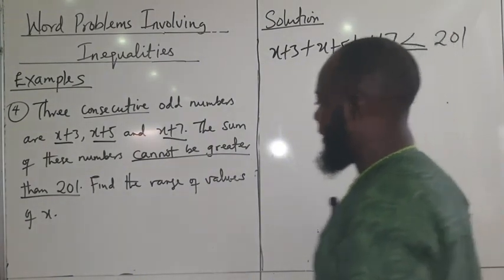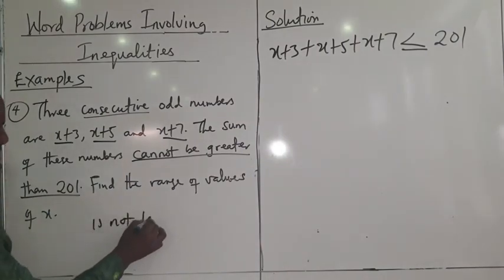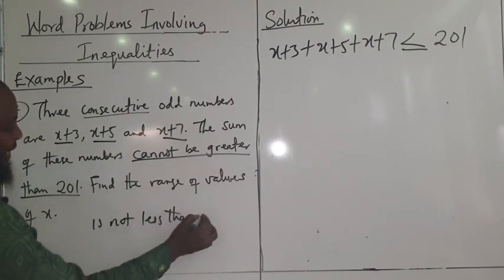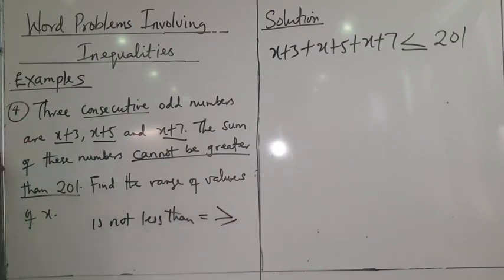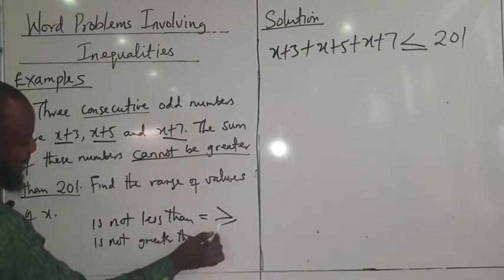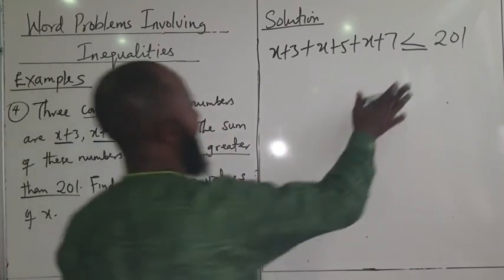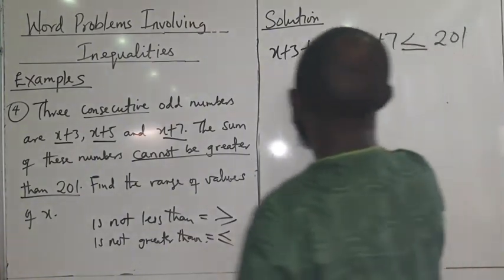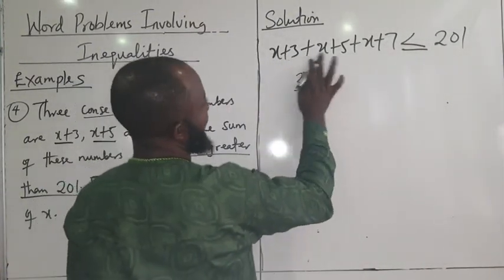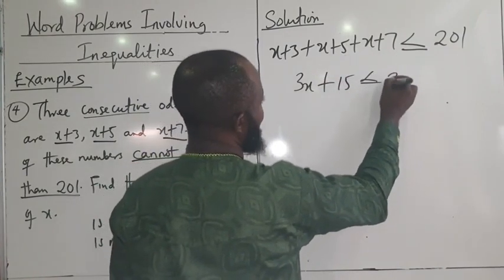So in practice we are saying that when you have "is not less than," it's the same thing as having greater than or equal to, right? And "is not greater than" means less than or equal to. I hope I'm making sense. So in this case, x plus x plus x will give us 3x, right? 3 plus 5 is 8, plus 7, that is 15, less than or equal to 201.